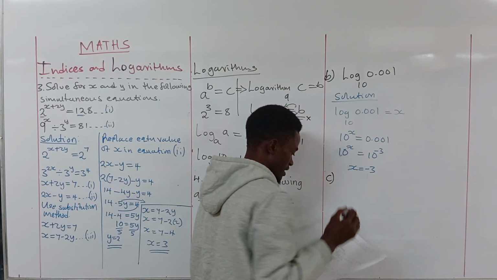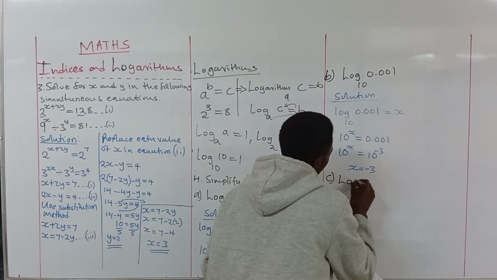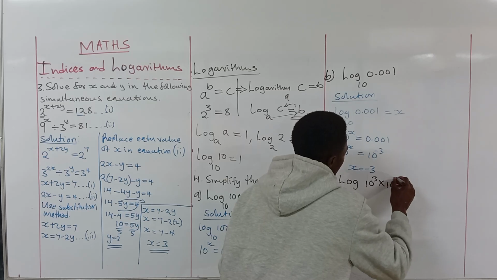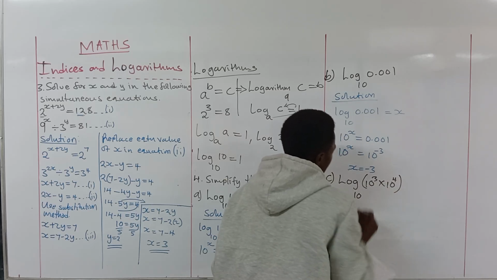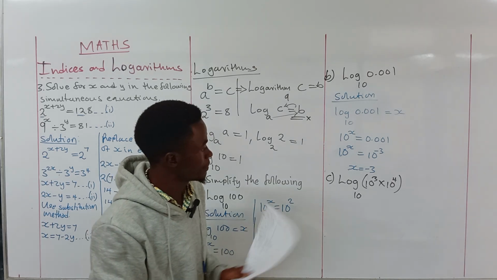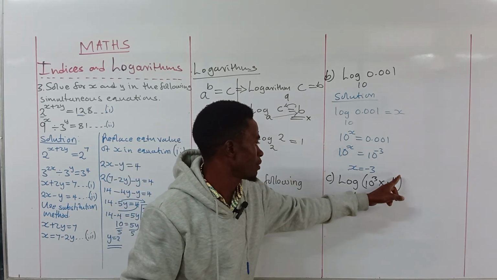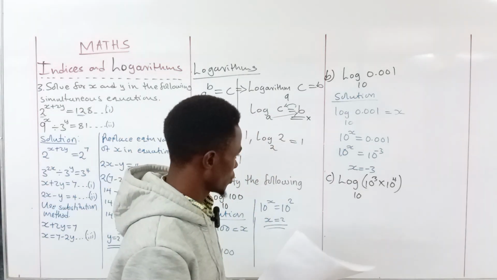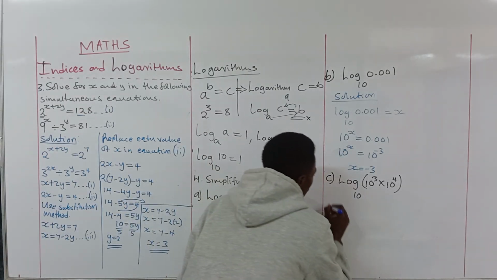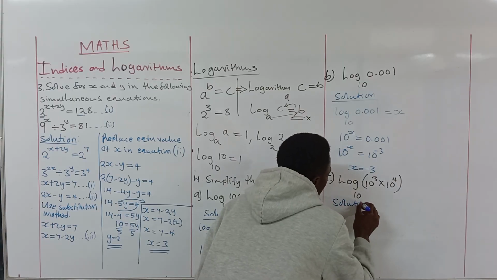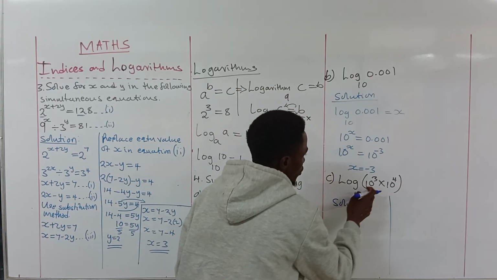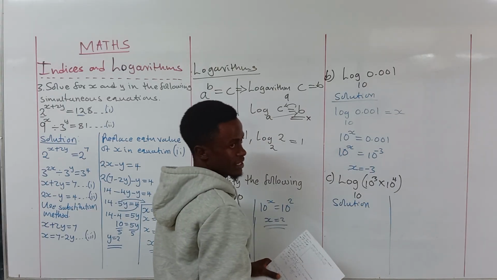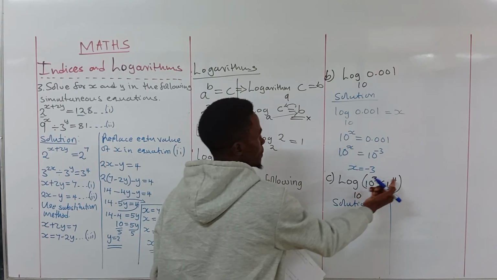So we have the part C here. The logarithm of 10 power 3 times 10 power 4 base 10 is going to be something. So we need to find the solution to it. We need to solve these ones first. 10 power 3 times 10 power 4 is the same as 10 power 7, so we add the powers.